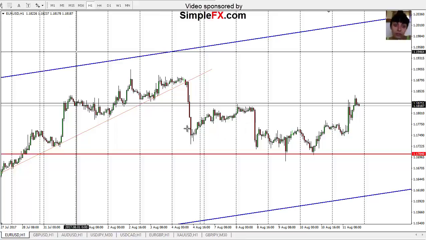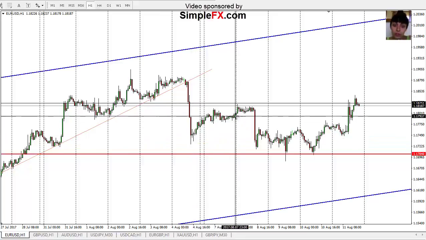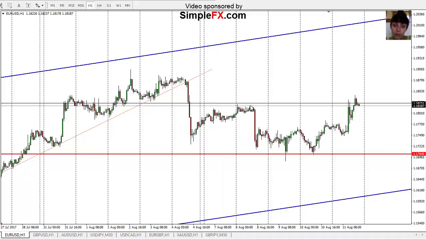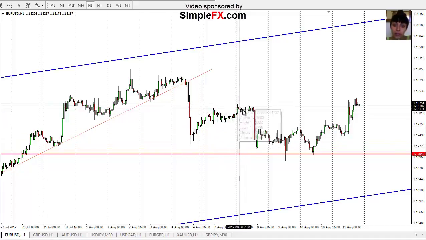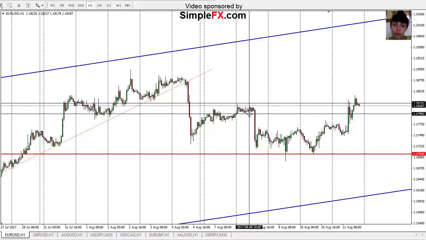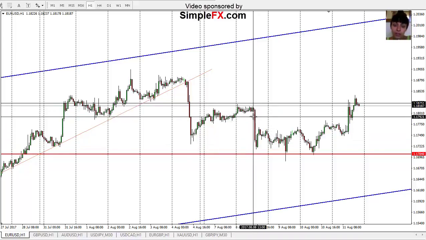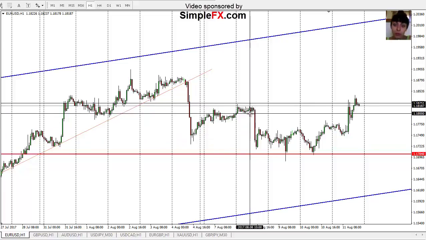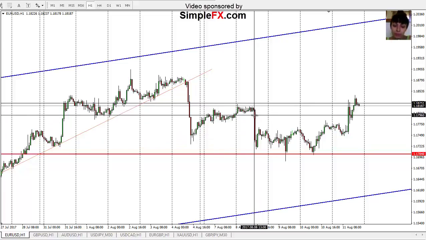So here you can see first it was correcting, going up. This is what we usually expect after big drops: a bit of a correction or consolidation. At the same time we had this little channel here, which for me was a double indication for a good possibility of movement.